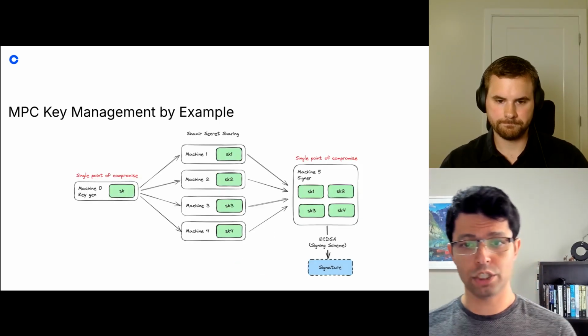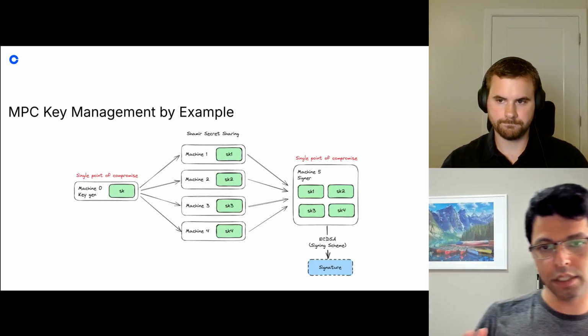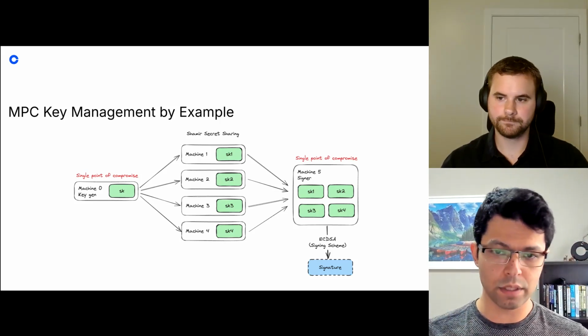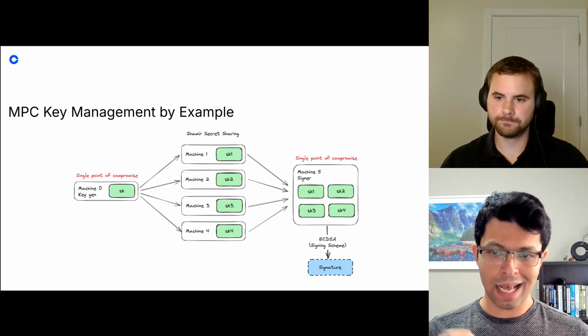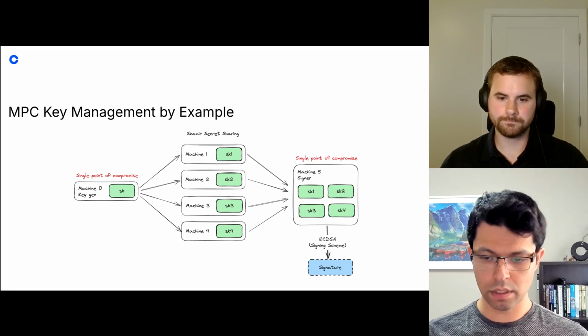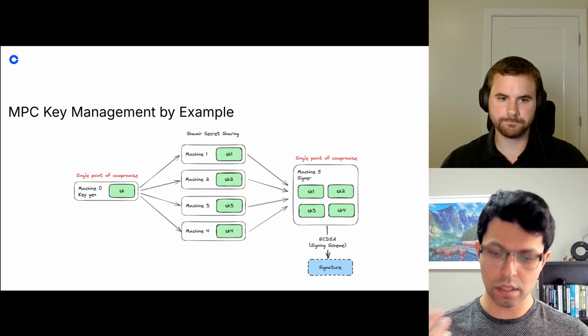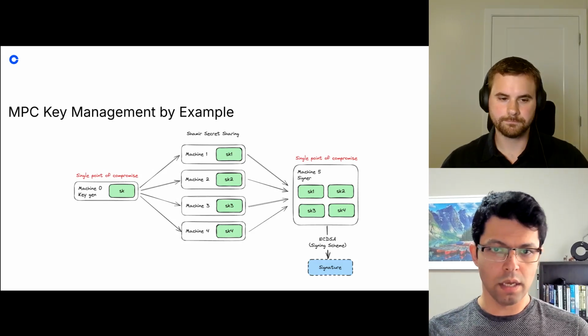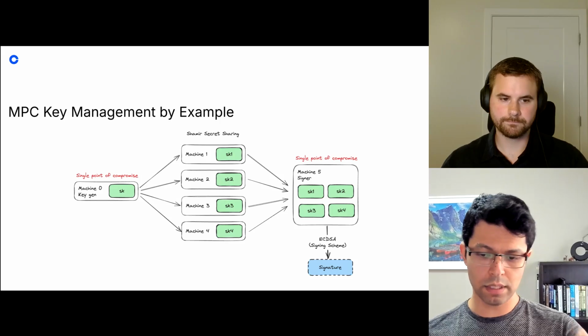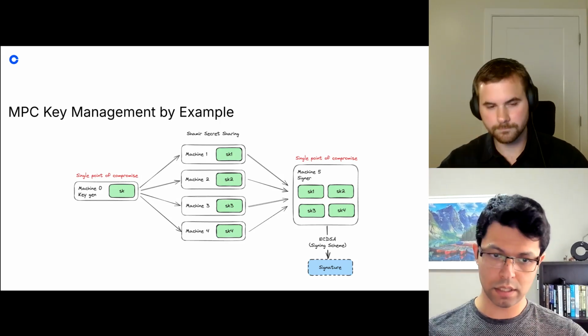The first thing is Shamir secret sharing. Shamir secret sharing is a very good protocol or algorithm that is used as part of an MPC protocol. But on its own, it is not an MPC protocol and it's not secure for our needs. Why? Because in Shamir secret sharing, you go to a single machine and generate a signing key.